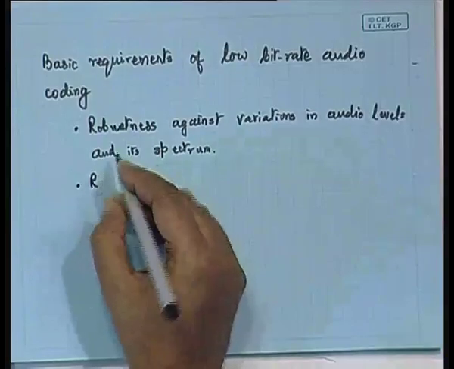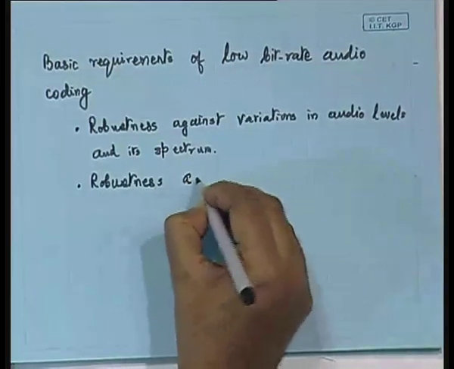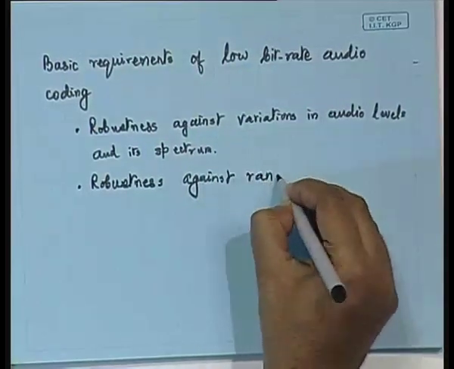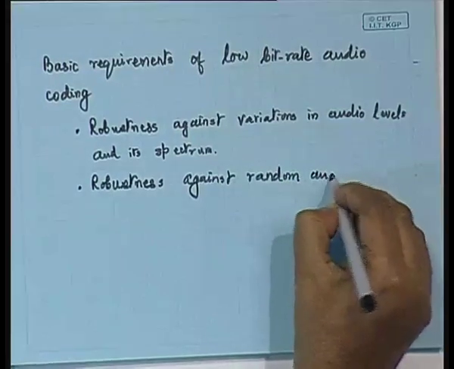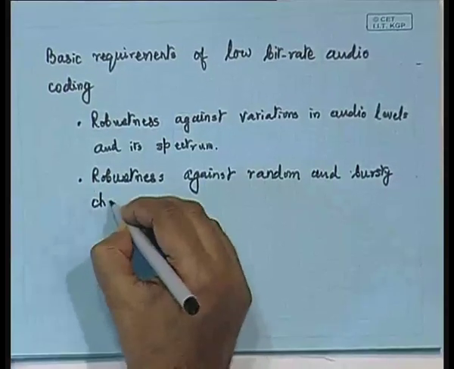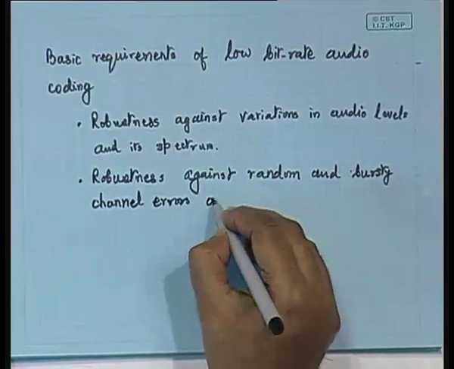The effect of the burst error should be minimal in the sense that its extent of damage should be as low as possible. So, robustness against random and bursty channel errors, and packet losses. Packet losses also may happen.